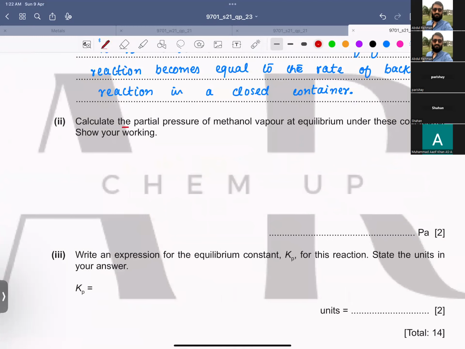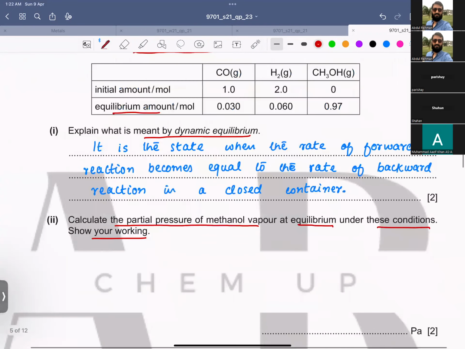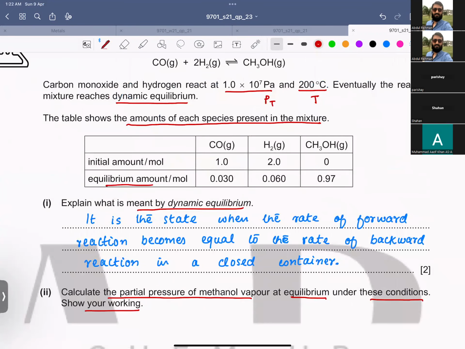Now, what they are asking: calculate the partial pressure of methanol vapor at equilibrium under these conditions. Show your working. So this is basically considered as the total pressure.